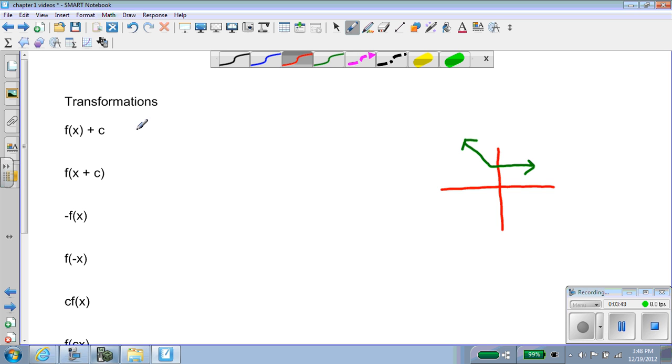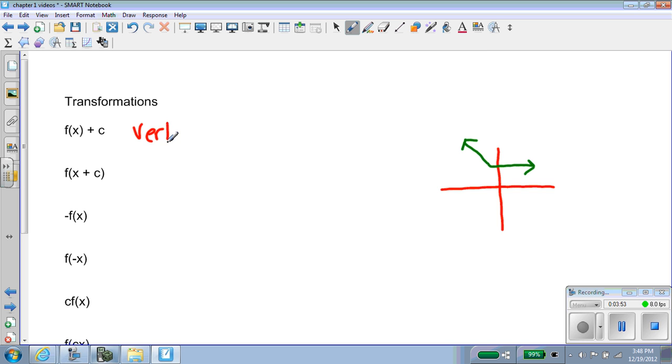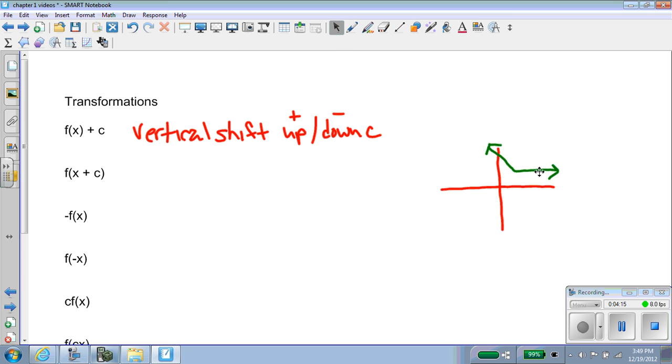So f of x plus c is a vertical shift up or down c. If I add, it goes up. If I subtract, it goes down. F of x plus c, so I'm adding c to x. That is our horizontal shift.